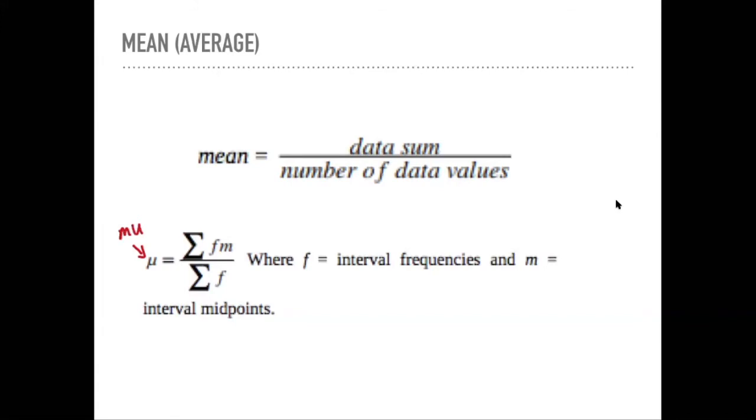Mu is equal to the summation of f times m, where f is the interval frequencies and m is your interval midpoints. So it'd be your frequency times its midpoint, and you'll do that for all of your classes, adding them all up. And then your denominator is the sum of your frequencies. Remember, the sum of the frequencies is the number of data values that you have.